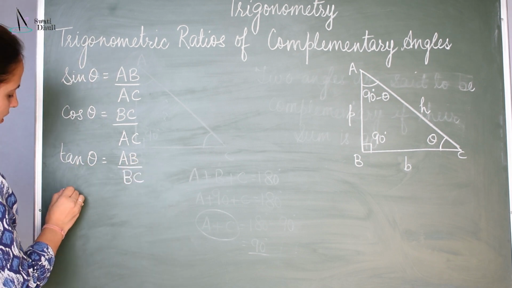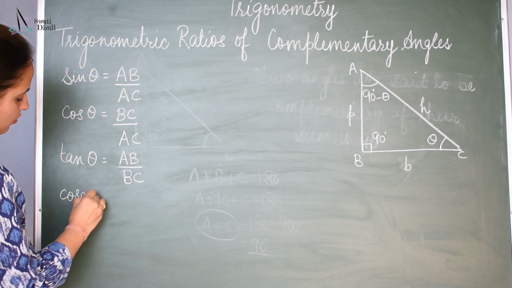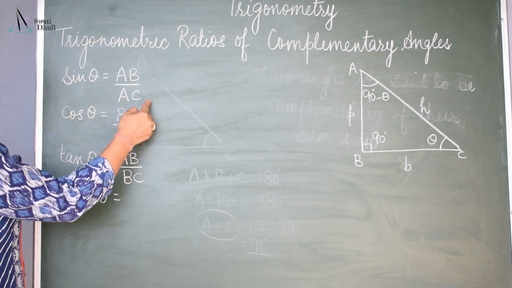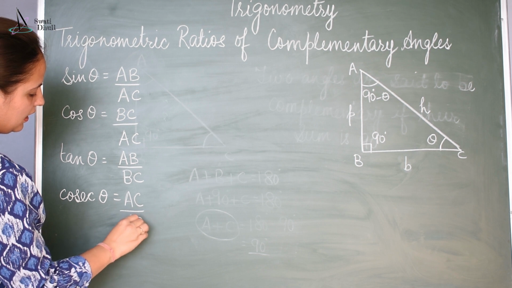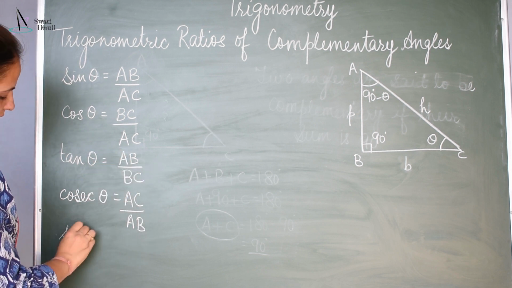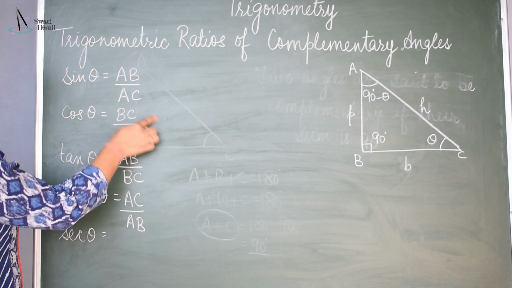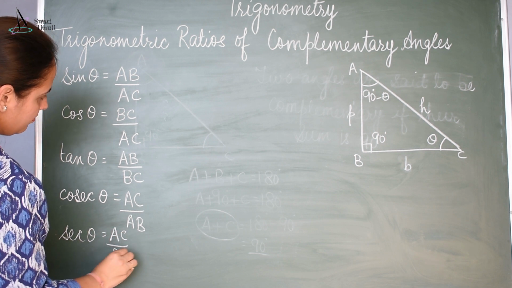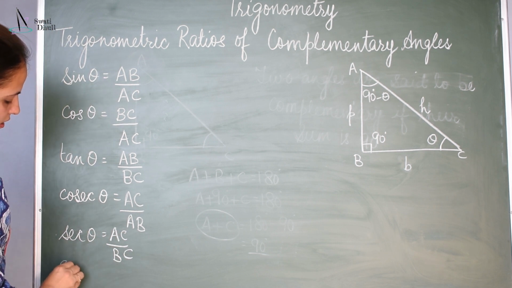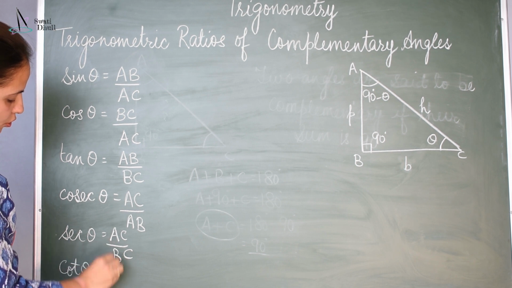Now we'll find the cosecant theta. That will be the reciprocal of sine, so AC upon AB. Then sec theta will be the reciprocal of cos, AC upon BC. And then cot theta is the reciprocal of tan, so BC upon AB.